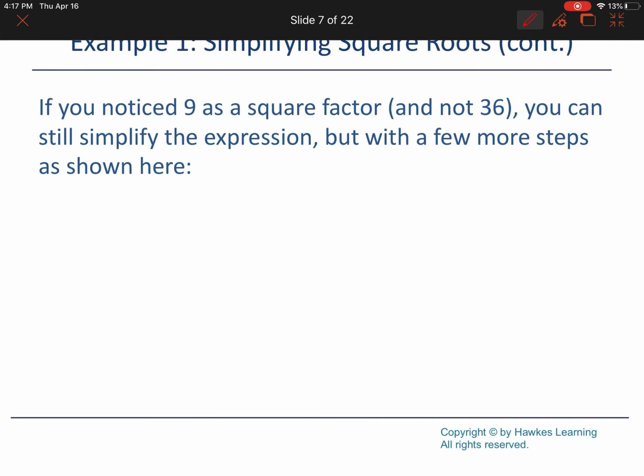Okay, so now here's where they explain how maybe you don't come up with that 36, because I wouldn't have. If I had been trying to factor 72, I would have thought first of 8 times 9. And so 9 is a perfect square, right? So we could go with 8 times 9. But then I would keep going with the 8 because it's not factored all the way down.